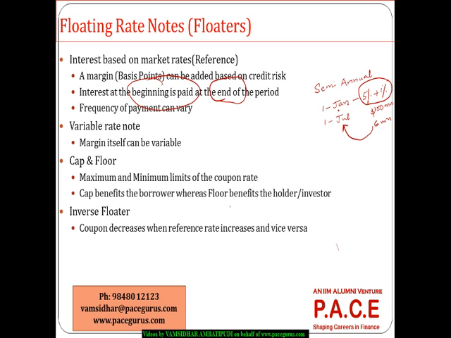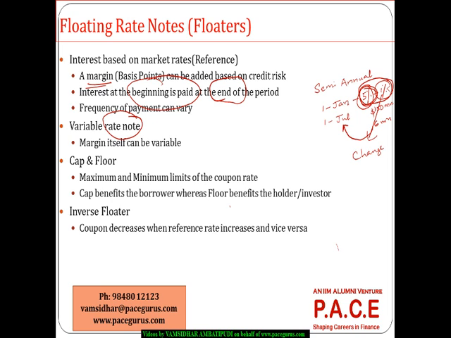And in some cases there could be a variable rate note itself. In a variable rate note, the margin, whatever we are talking of, 1% excess above the reference rate, could itself change. Generally in a regular floating rate note, the reference rate will keep changing.